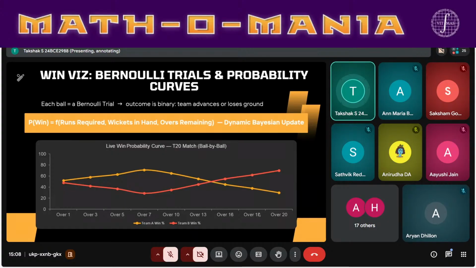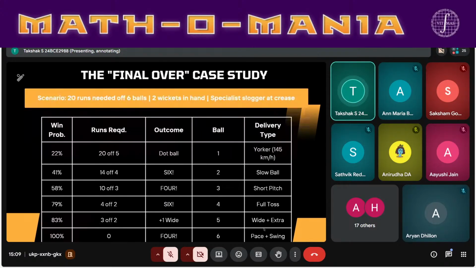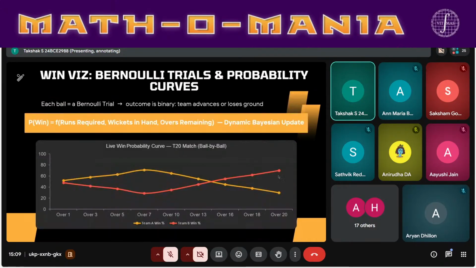Platforms like CricViz have access to databases containing millions of T20 deliveries precisely to ensure this sample size. And the result is a model that can tell you in real time, after every single ball, the precise mathematical probability of each team winning. It's not a guess, it's a probability grounded in historical data.